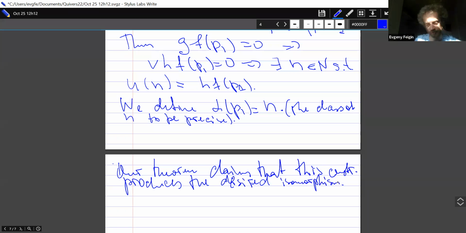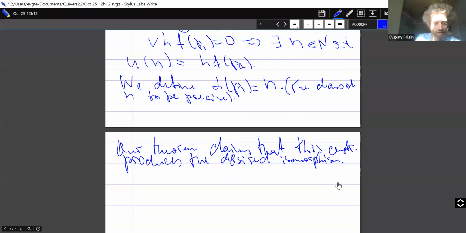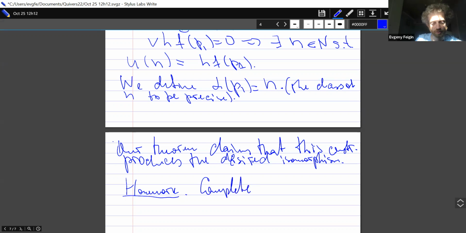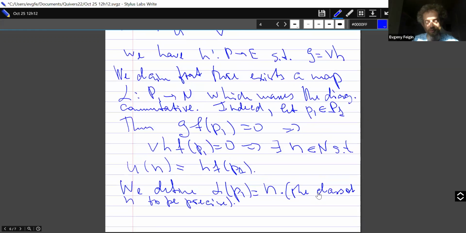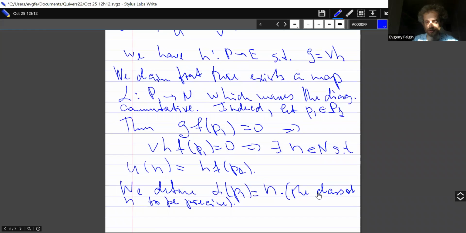Actually, we don't have time to prove this, so it is your homework for the next time: complete the proof. In other words, we have to show, first of all, that any homomorphism alpha from P1 to N can be obtained via some extension, well, any homomorphism modulo the image.